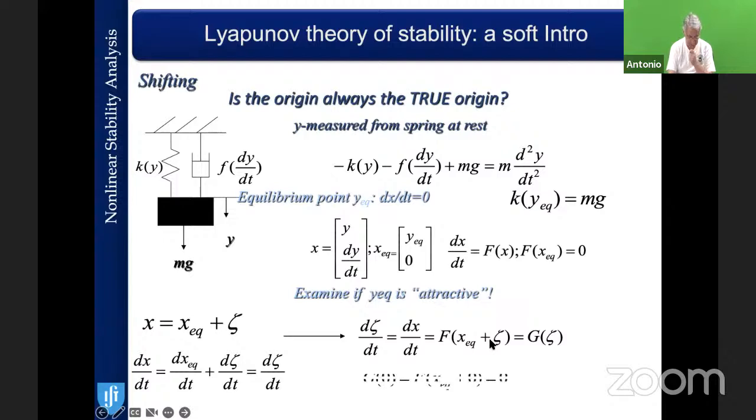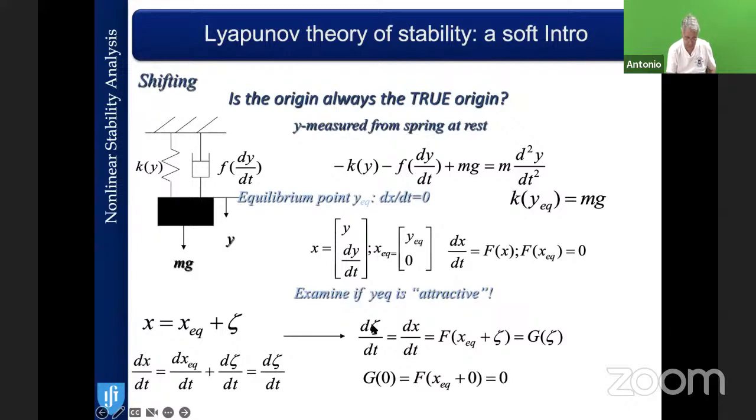And now notice the very interesting thing. g of 0 is f of x equilibrium plus 0, so it's f of x equilibrium. But f of x equilibrium is 0. So you have recast the big differential equation. Instead of writing it in terms of x, you write it in terms of psi.